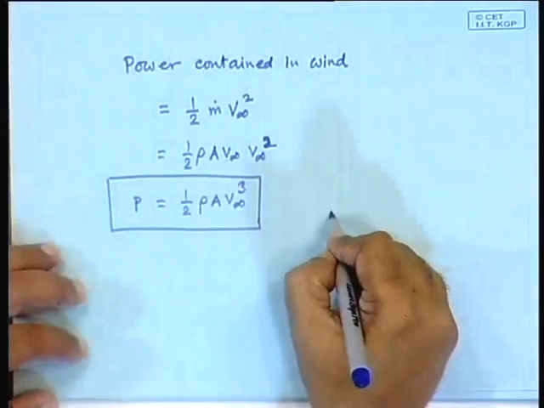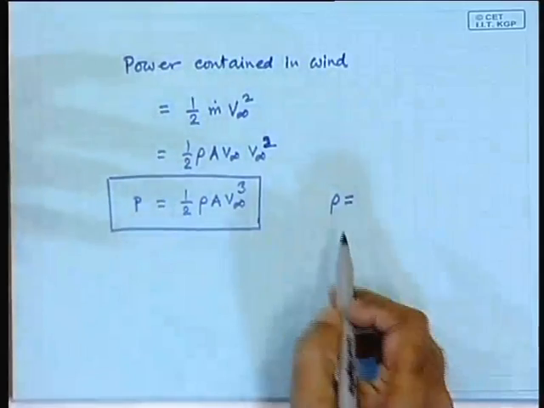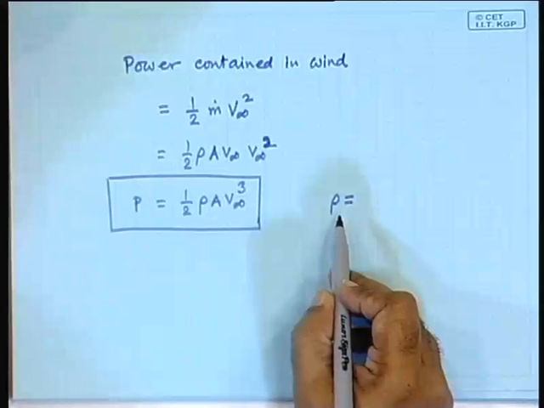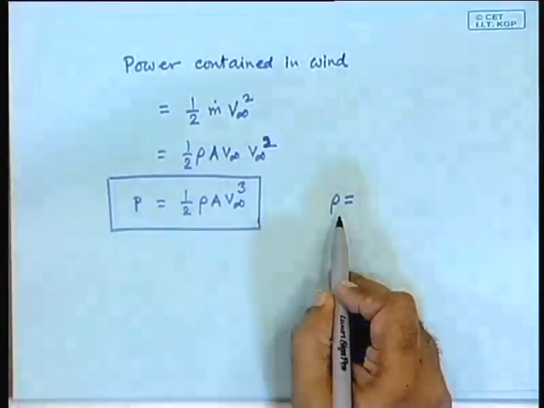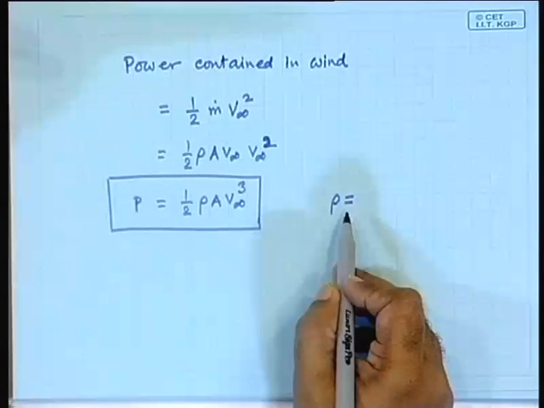What is the value of rho? Now, rho is a variable quantity really, and that is what the barometer reads. Barometer reads the pressure, and depending on the pressure the rho also changes.